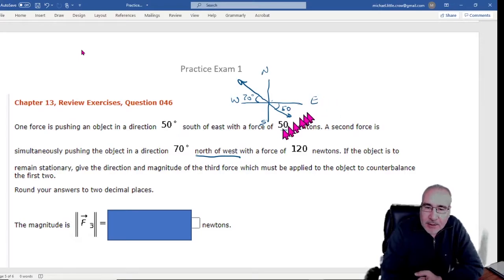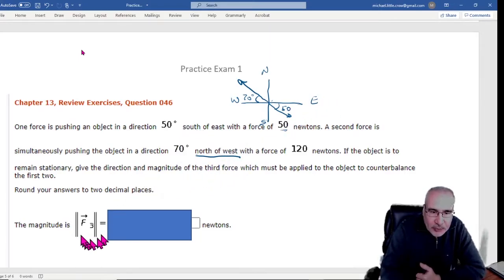So let's set up this first vector of the 50. Let's call that force 1, because this is the third force, right? So the first vector, using our formula, is going to be the magnitude times the cosine of the angle, and we're talking 50.